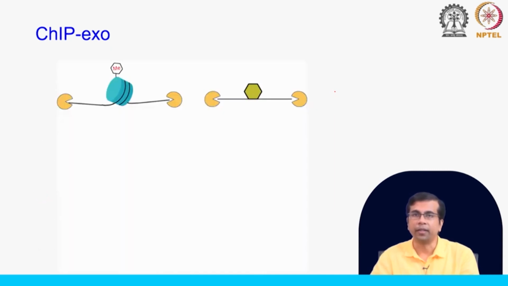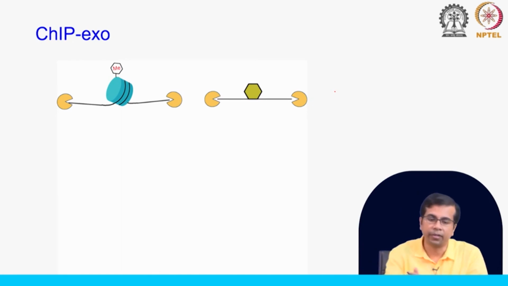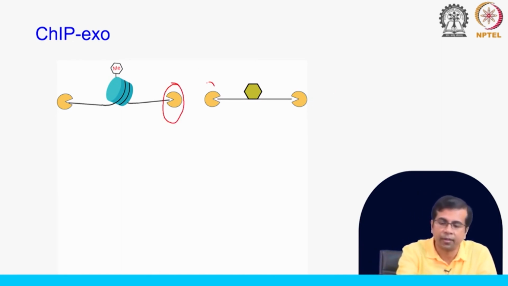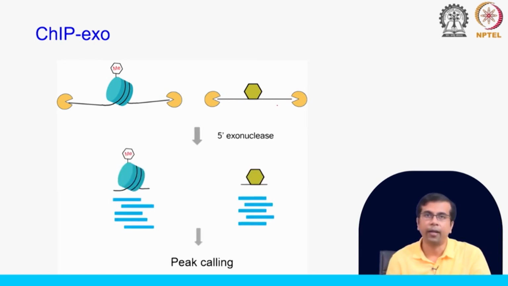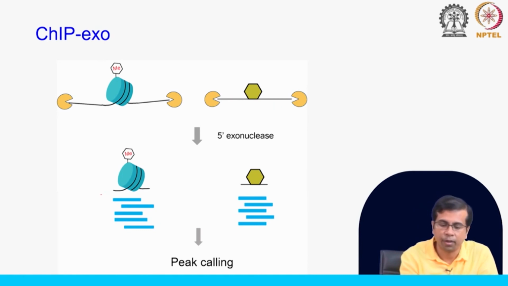What happens is that after immunoprecipitation, once you pull down these fragments, we subject them to exonuclease treatment. These are the exonuclease enzymes, animated, and what they will do is chew away these bases from both ends. They will chew away the 5' ends, and you will get a much smaller DNA fragment.